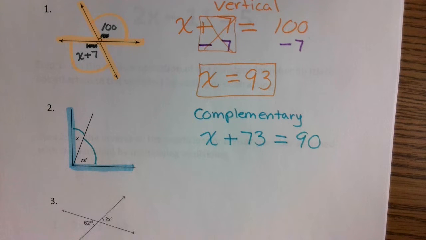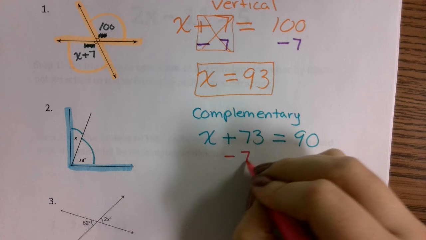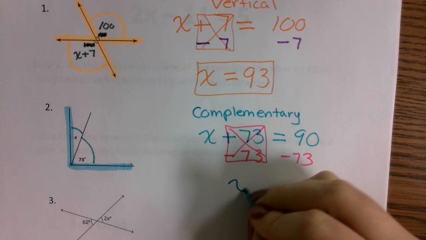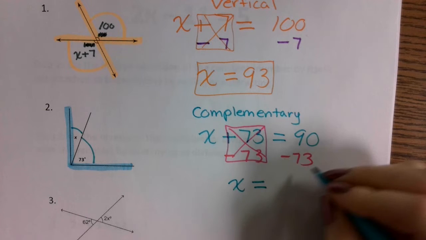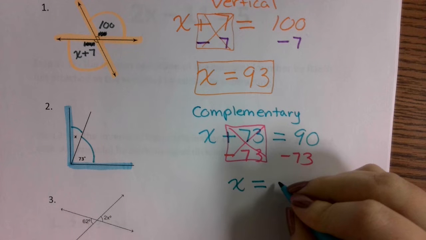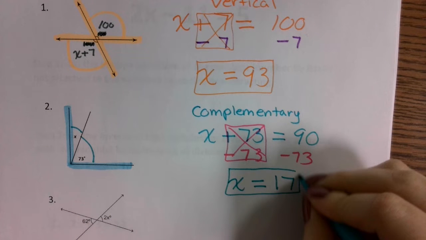Okay, to solve, all I have to do is subtract 73 from both sides. Those 73s are going to cancel each other out. And then what is 90 minus 73 going to give us? Not 27. Tiana? 17. Okay, 17.